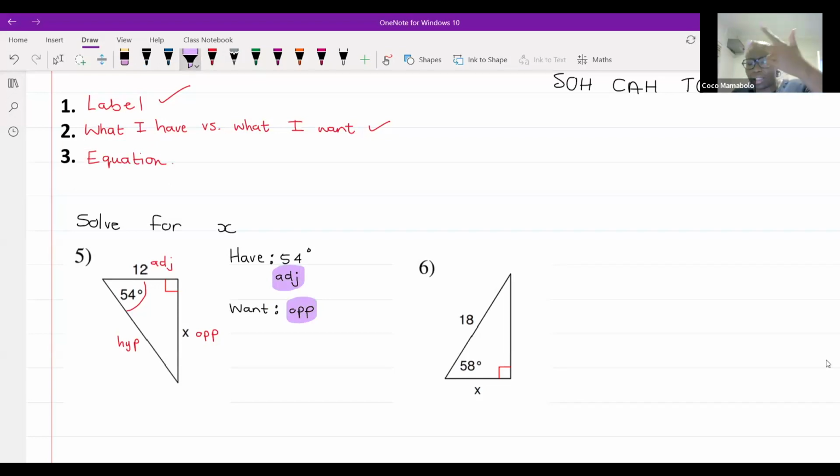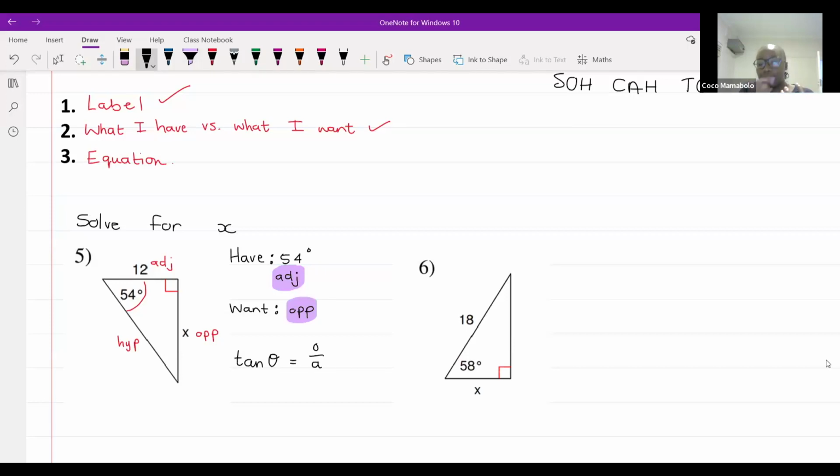Between SOH, CAH and TOA, which one of these 3 is going to use adjacent and opposite? Absolutely, Kulani. It is tan. Good, it's TOA. So I'm going to write out my actual equation, guys. I'm going to go tan of theta is equal to opposite over adjacent.